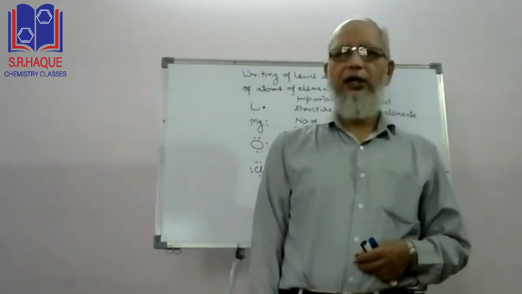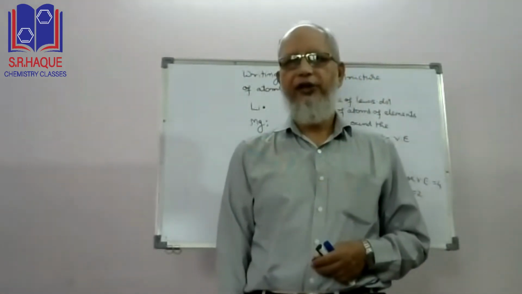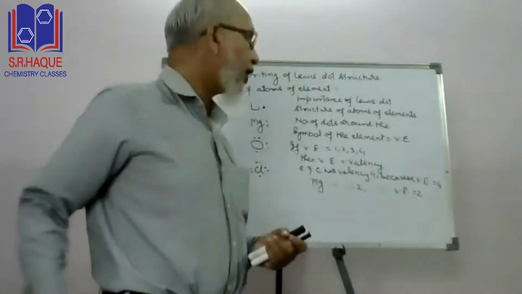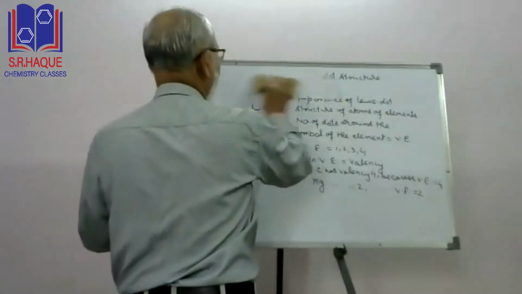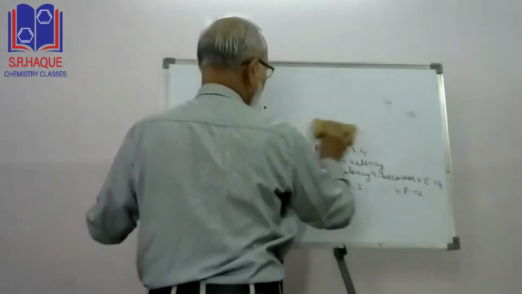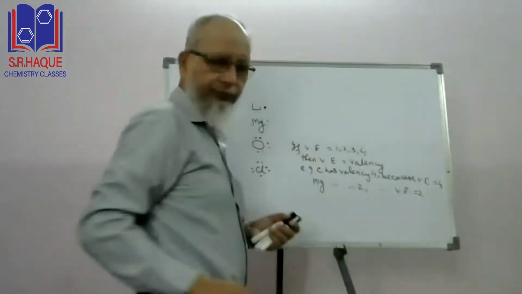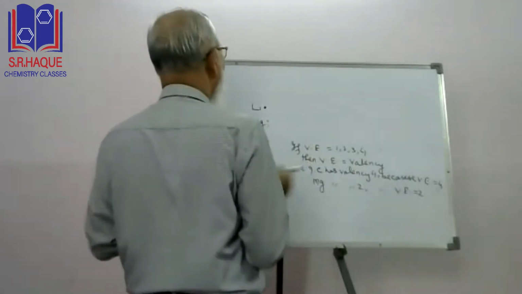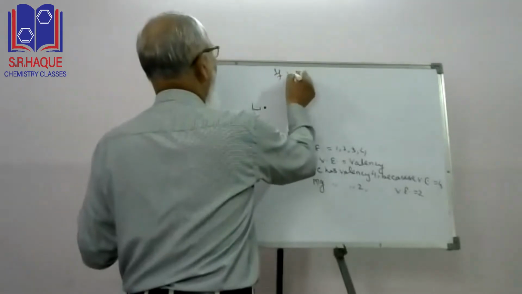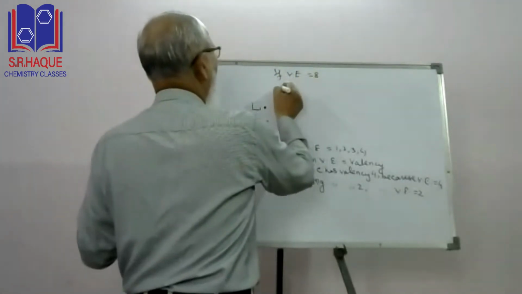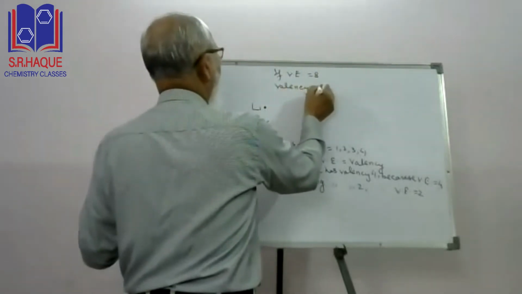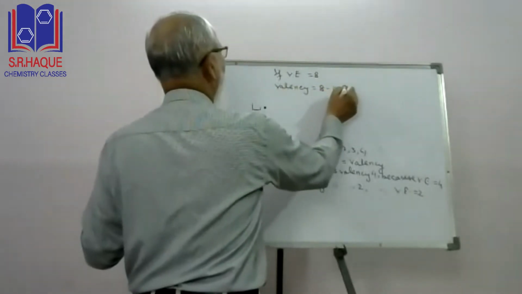Now, if the number of valence electrons is 5, 6, 7, or 8, then valency is equal to 8 minus valence electrons.